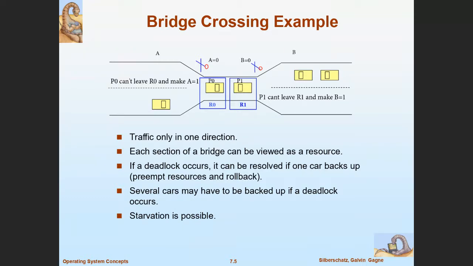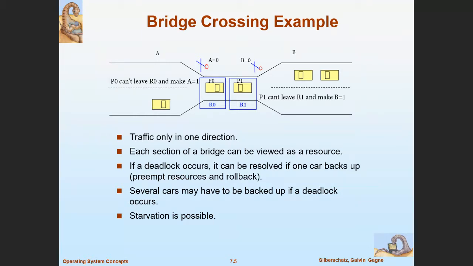Please notice that every one of those resources, R0 and R1, is somehow controlled by semaphores. R0 is controlled by semaphore A, and R1 is controlled by semaphore B.